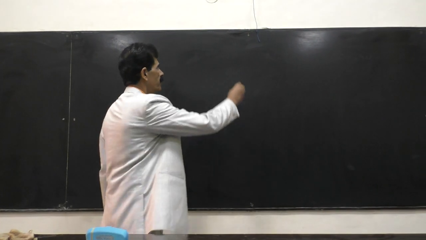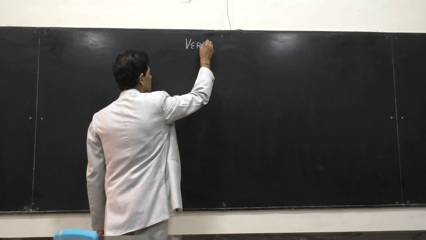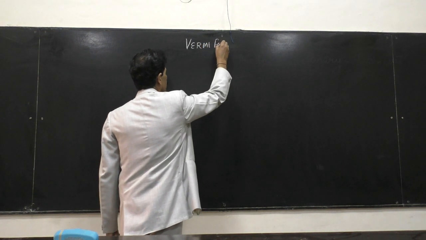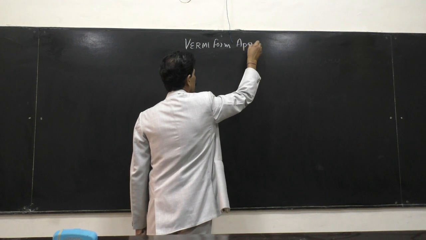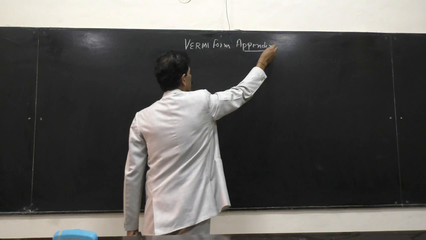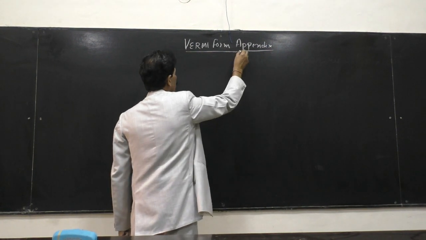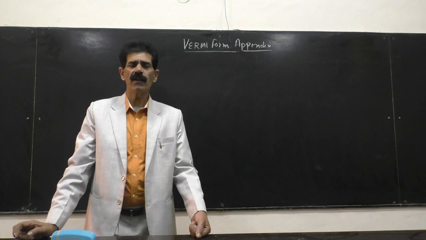So today we will do the vermiform appendix. The vermiform appendix in the human body is a vestigial organ.